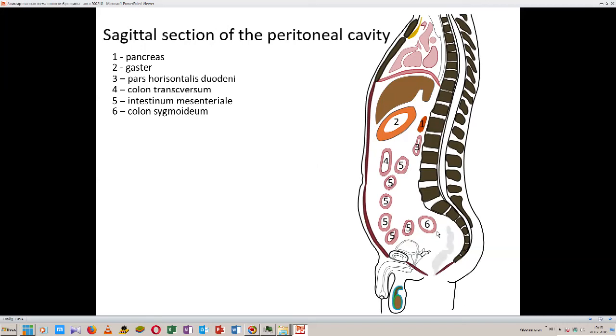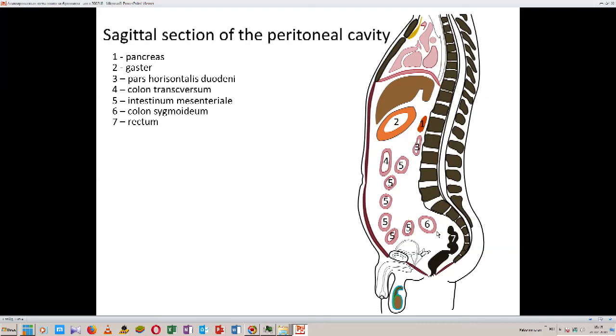And what is it now? Number 7, what is it? Sure, it's the rectum. So we have drawn all the loops of large and small intestine, which could be found if you make a sagittal section of the peritoneal cavity.